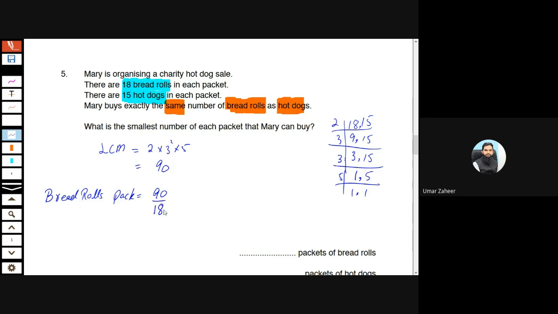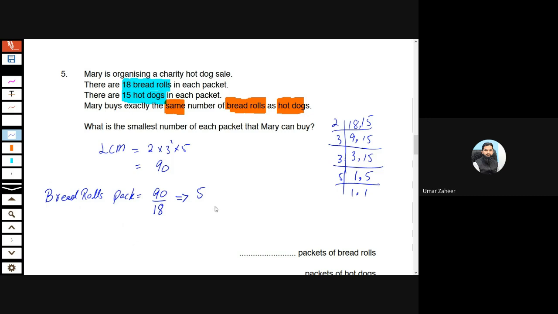If you divide them, you will get the total number of packs. That is going to be 5. 90 divided by 18 means there are 5 packs. You need to purchase 5 packs of bread rolls.